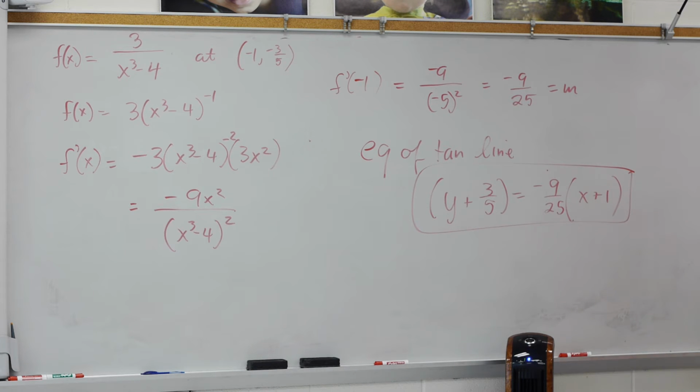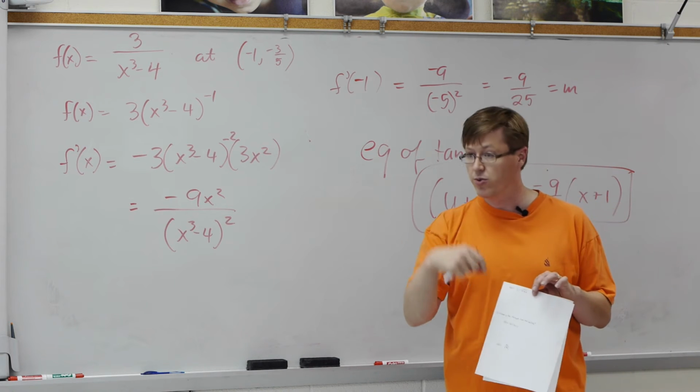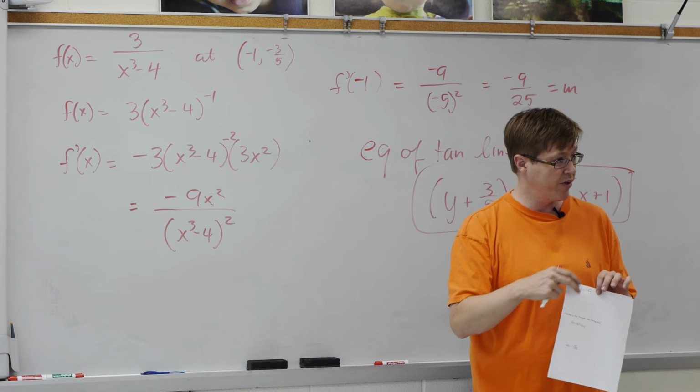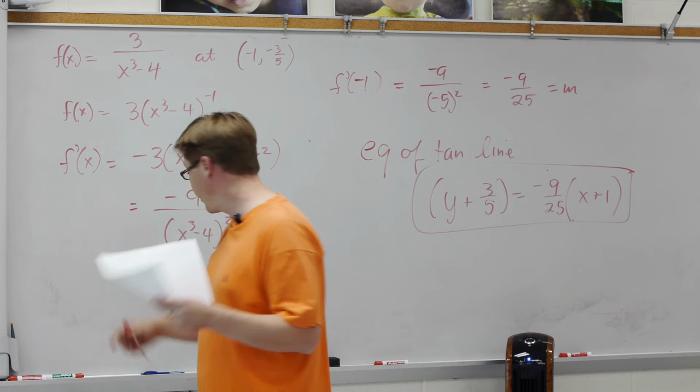Now the next one, same instructions, is right on the top of the next page. And do the same thing. Find that derivative first. I'll put it up on the board. You should rewrite each of those as powers, x to a power and cosine x to a power. Then you can use the power rule and the chain rule to find that first derivative. What is the point for that one? I'll write it on the board. I forgot to put it in the notes.